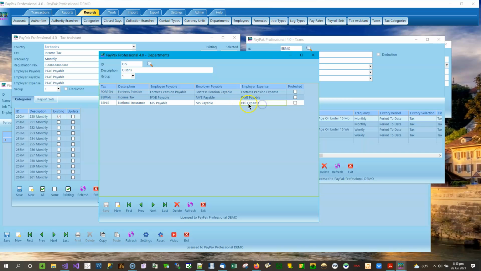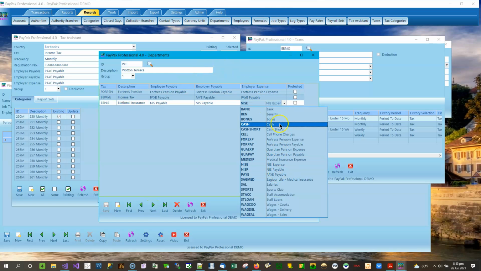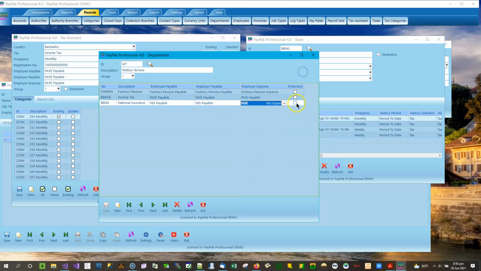It's all the same account, NIS expense, but if we had wanted an NIS expense account for Oistins and an NIS expense account for Wotton, you could create the two accounts, and then in this screen you override the one that's here, assign the Wotton one to NIS expense Wotton, and the Oistins one to NIS expense Oistins, and you would tick this box here to lock that, and when the accounting entries are generated, it will then split the employer's portion of the NIS accordingly.